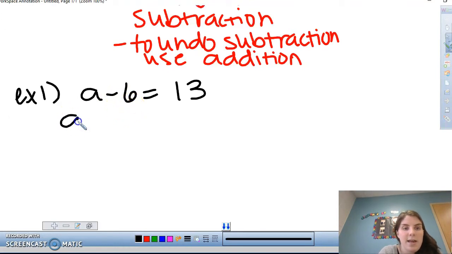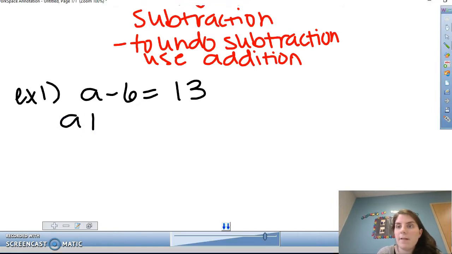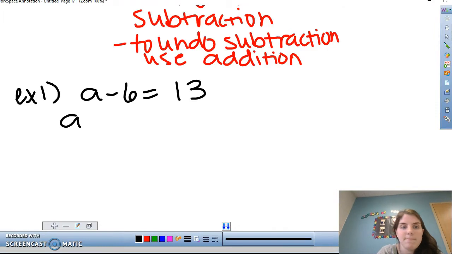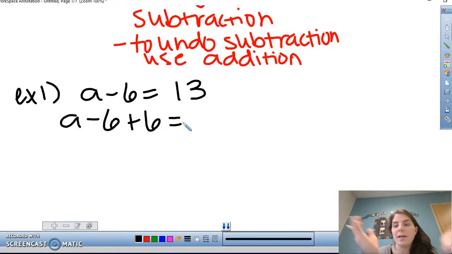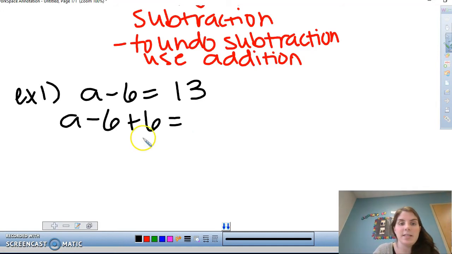So we're going to have a minus 6 plus 6 equals, and like when we were talking about that scale, we always want our scale to be even. So since we added 6 to this side, we also need to add 6 to this side. So we're going to have 13 plus 6.